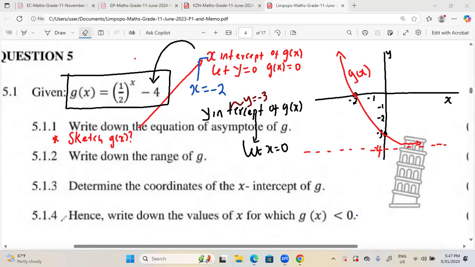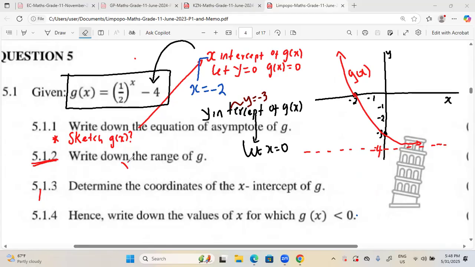Now we are able to answer 5.1.2, where they say, write down the range of g. What is the range of g? I want you to look at my graph. We notice that the graph of g is always above -4. It's always above where the value of y is -4. It will never touch that -4 line. So you say, therefore, y, this is the range now.